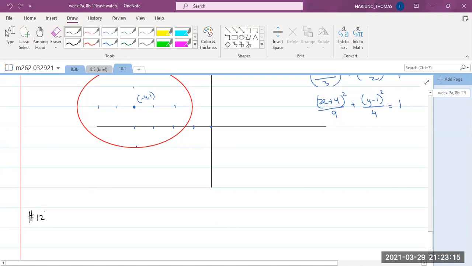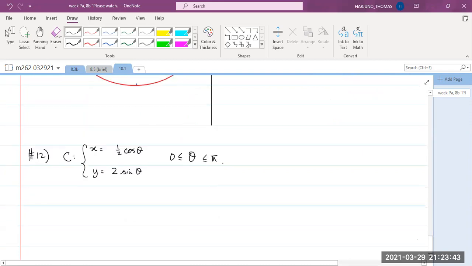Number 12. We have this curve where x is 1/2 cosine theta and y is 2 sine theta, where theta is from 0 to pi. So notice that cosine theta is 2x, sine theta is y over 2.